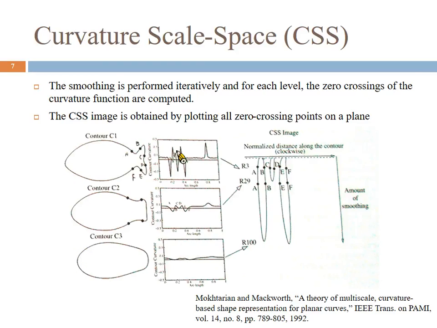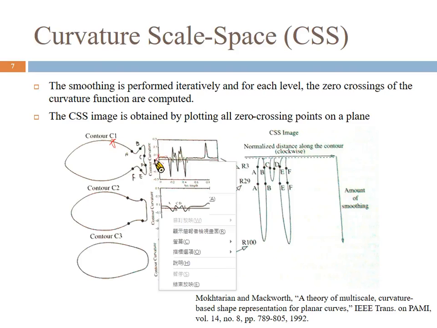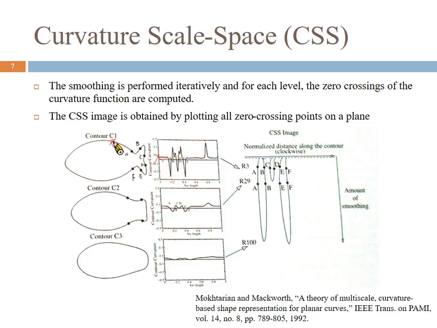So given this image, if we start from this point and go clockwise, and check each point's curvature, we will get the curvature distribution like this. Starting from this point, which is the origin, we can see the curvature at this point is quite low.